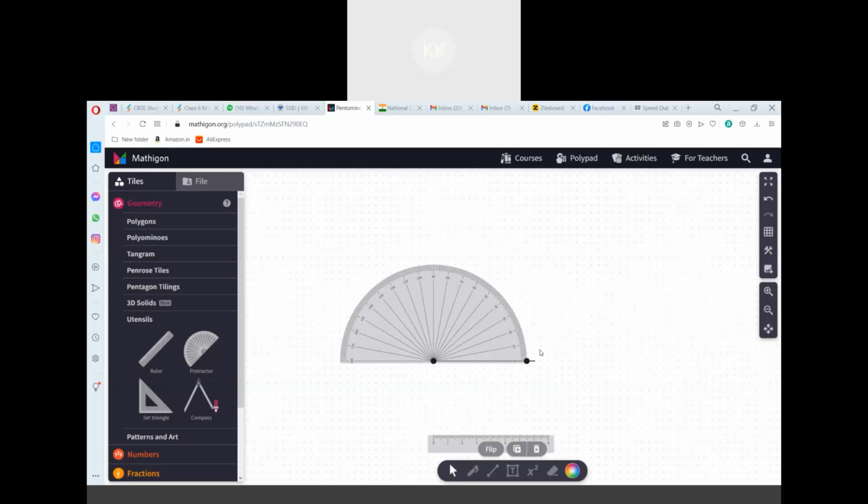Is it visible? I have placed it right. This is 140 degree. You should not measure from this side. You have to measure from where the line is. So this point is 140 degree.